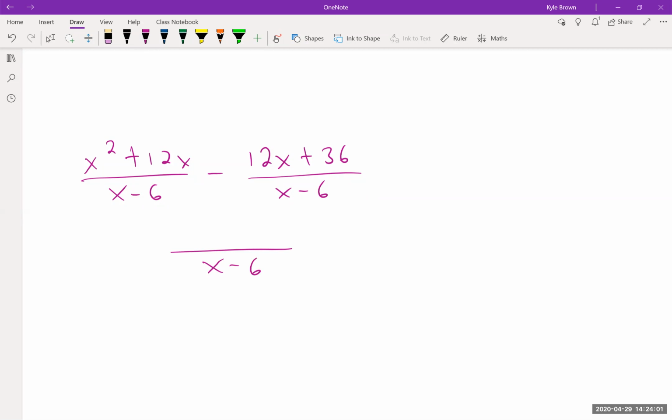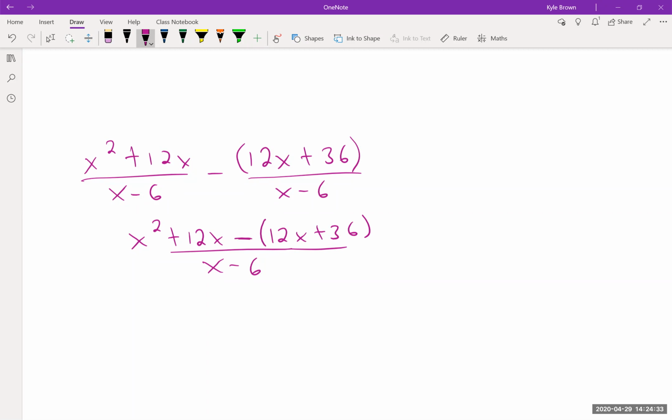I just need to actually add the tops now. So the tops here, let's just write this out again. This will be x squared plus 12x minus, and then just really be careful here because this minus really is in brackets. So this is like minus, and then in brackets, 12x plus 36. Why that matters is because now if I've got minus this stuff in brackets, it's going to change the signs on both of them.